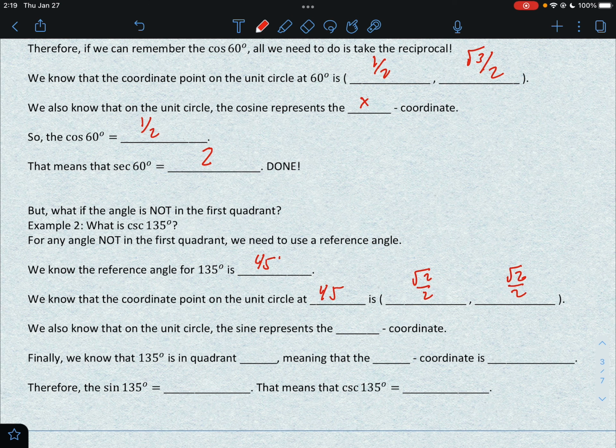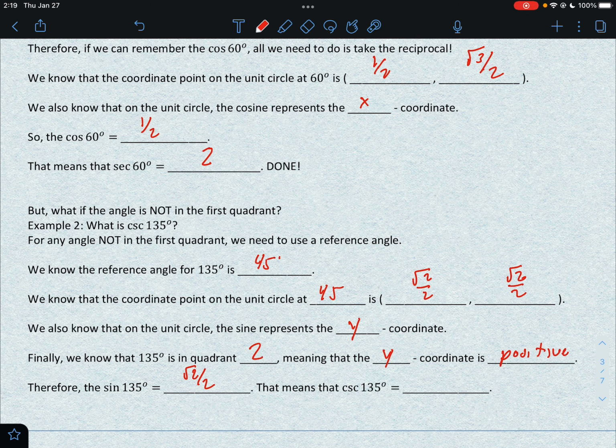We also know on the unit circle sine is the y coordinate. And 135, remember, is in quadrant 2, so is the y coordinate positive or negative? It's above the axis, so the y coordinate is positive. So sine of 135 is the positive y coordinate, root 2 over 2.